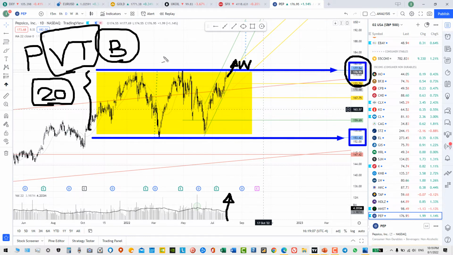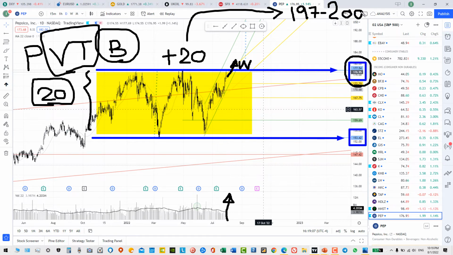So if we add these $20 approximately to 177, we can get a target of around $197, maybe ranging up to $200. So this is the expected target of Pepsi if it manages to successfully break above the 177 barrier.